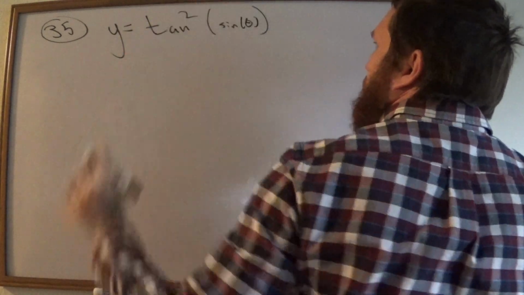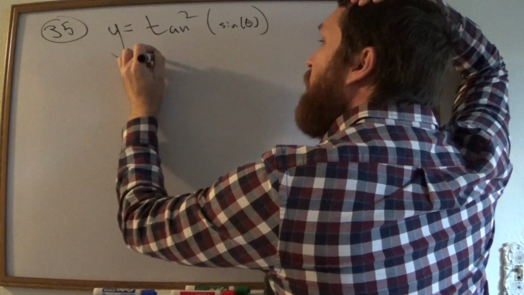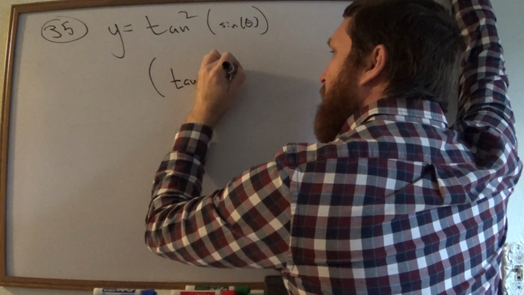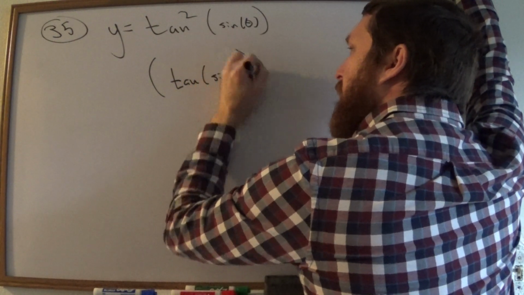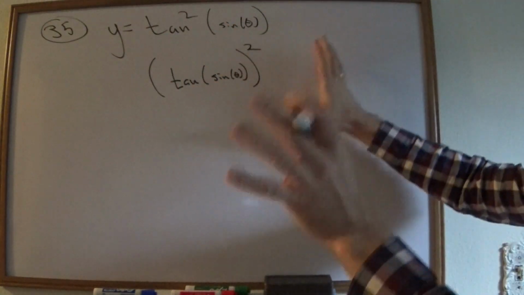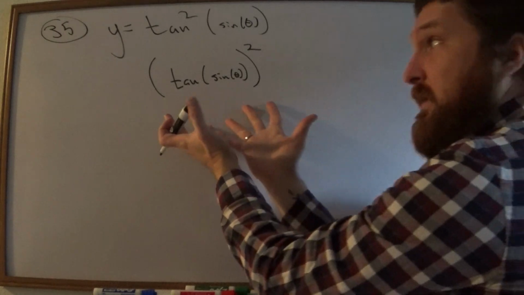Take the derivative with respect to theta. The first thing is squared, the outermost thing, because remember, this is shorthand notation for this right here. That was just notation we developed last year to say it's easier to write this than that, but this is what it means.